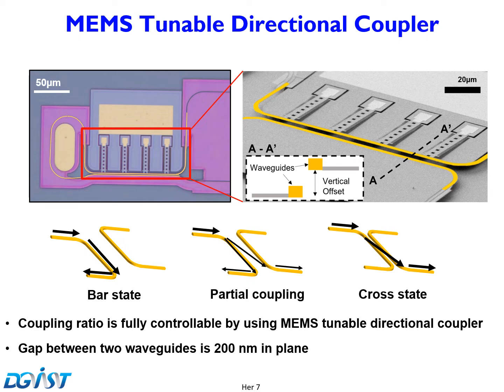As shown in the figure below, there are two waveguides located in parallel. One of the waveguides is attached to a MEMS actuator, and the position of the attached waveguide is controlled by the actuator.